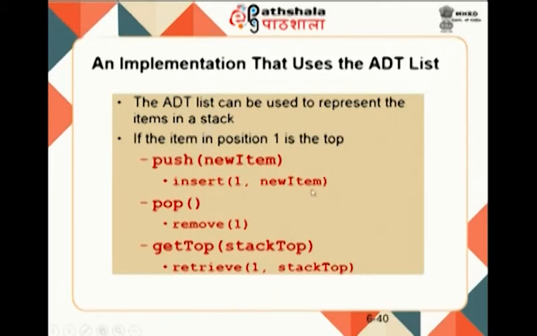Insert is a list ADT operation. And then pop is remove 1, remove the element at the top of the stack. Get top is retrieve 1, stack top. We are assuming insert, remove and retrieve are available to us as list operations.